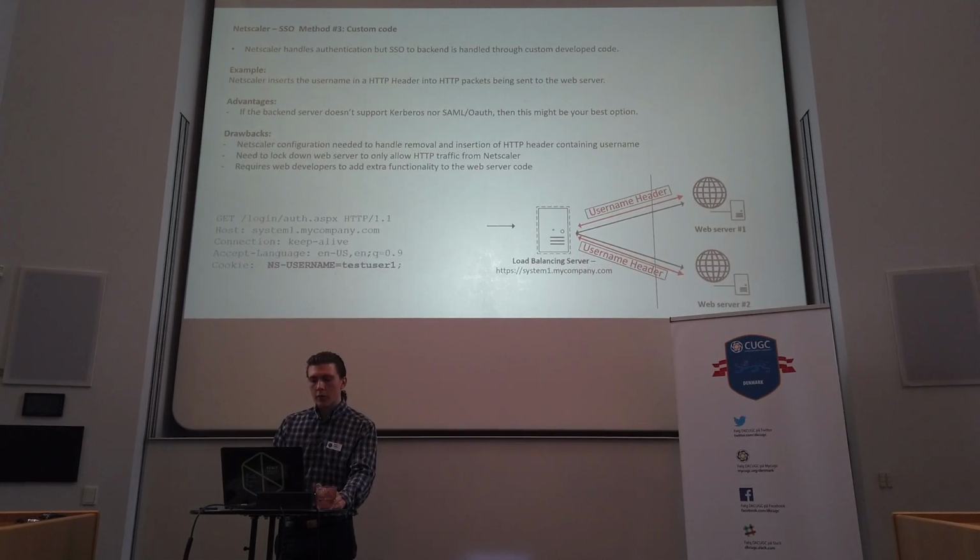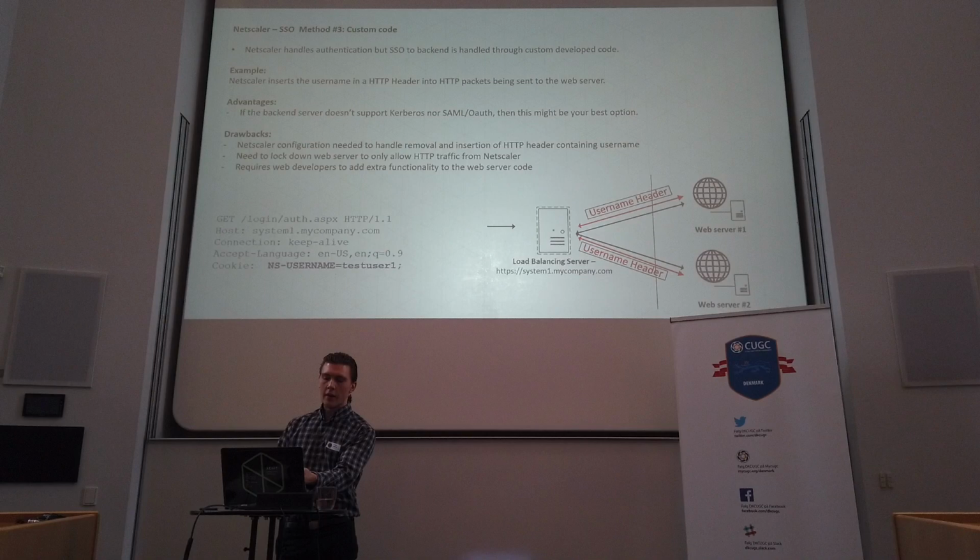Let's assume you have a web server that doesn't support Kerberos, and SAML is impossible, but you have web developers available. They can change the source code or add or remove extensions. One way would be to remove all authentication on the backend and have it only look at a cookie called NSUsername, test user 1, and then it creates a session cookie based on that.